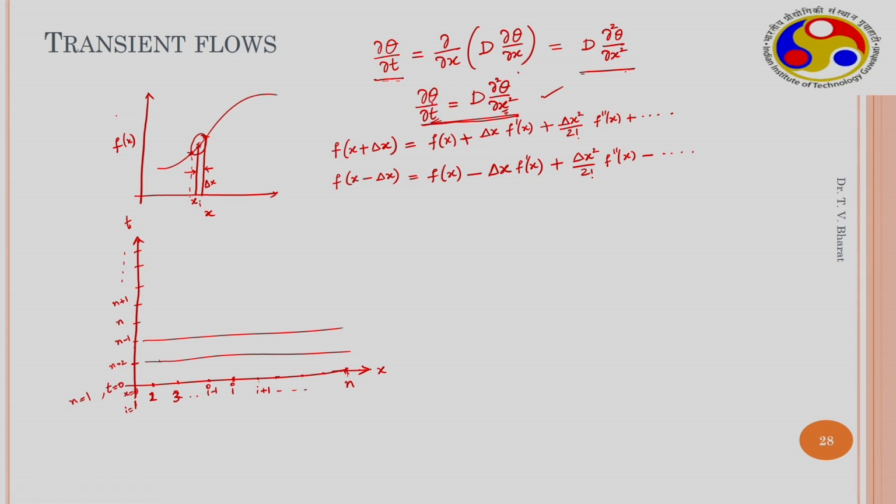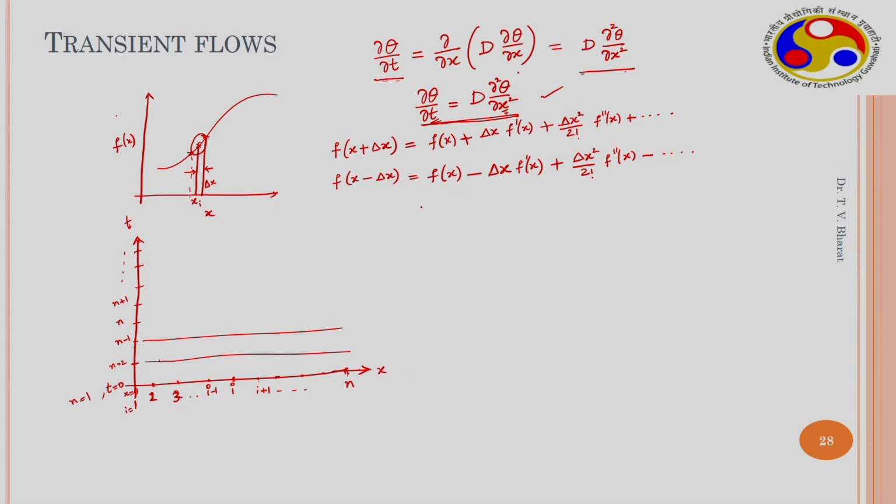Now, we can simplify the dou theta by dou t term, that is a differentiation of this particular equation can be made in difference form by considering dou theta by dou t as the first derivative of theta with respect to time can be obtained by considering this particular equation itself.